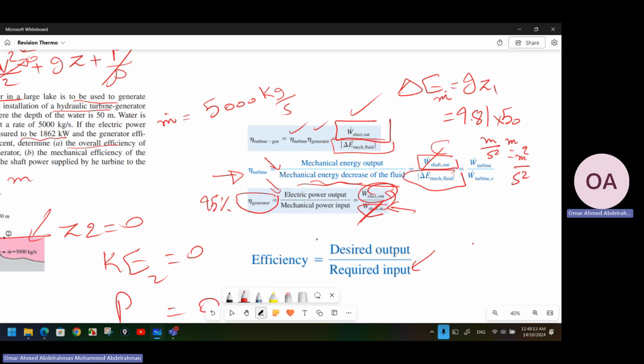So I need to use a conversion factor: 1 kilojoule per kilogram is equal to 1,000 meter squared over second squared. So we need to divide by 1,000 in order to cancel the meter squared per second squared and have the value in kilojoule per kilogram. So the value will equal 0.491 kilojoule per kilogram. That is the decrease in mechanical energy.